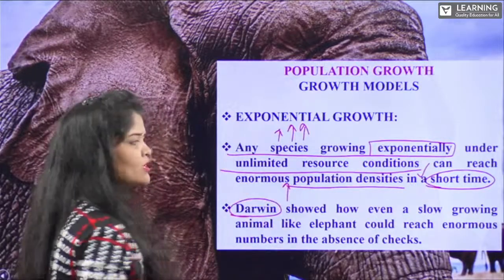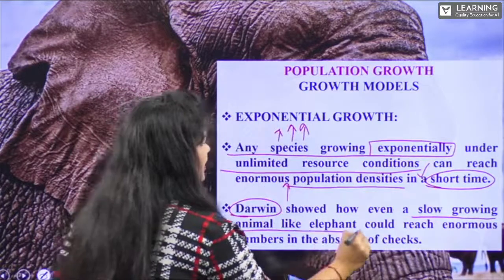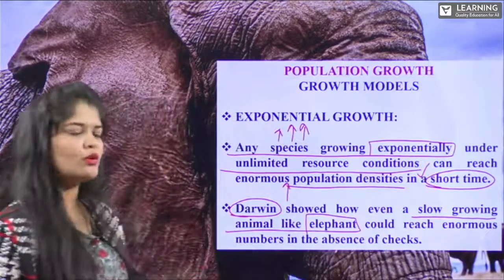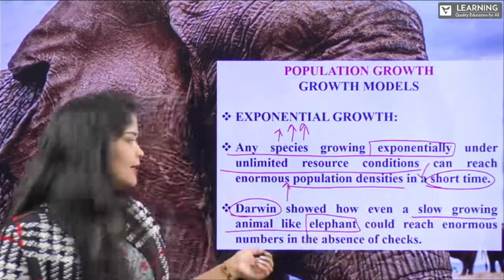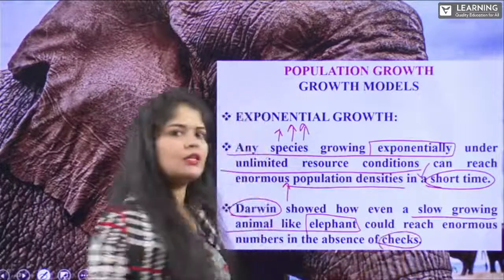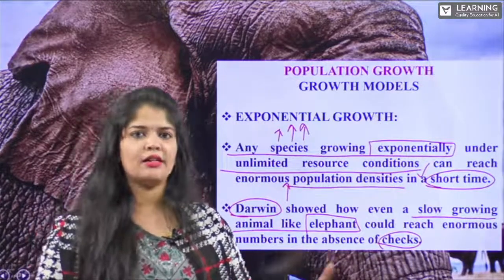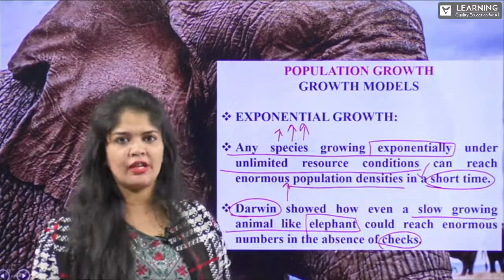Darwin showed how even a very slow growing animal like the elephant could also reach enormous numbers in the absence of checks. In the absence of checks means no predators, and no shortage of food. The availability of food is always unlimited.